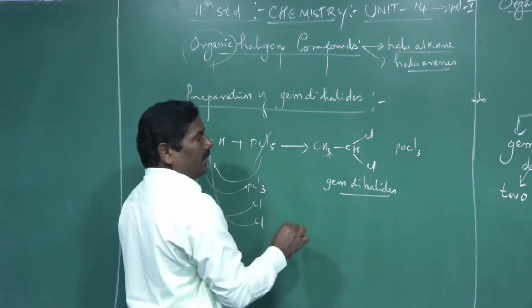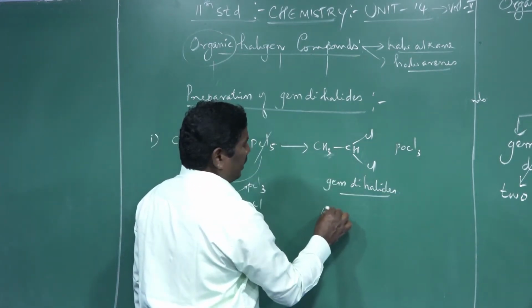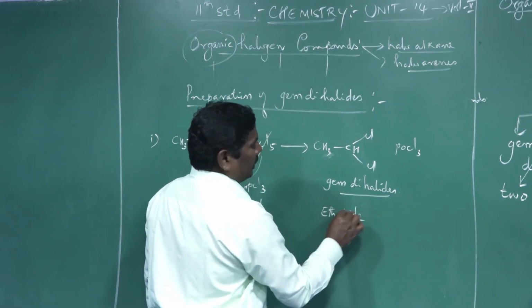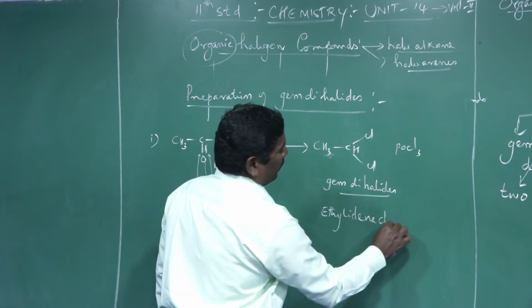For this gem dihalide, the common name is ethylidene dichloride.